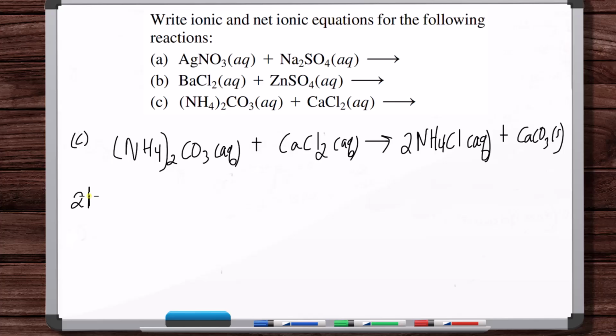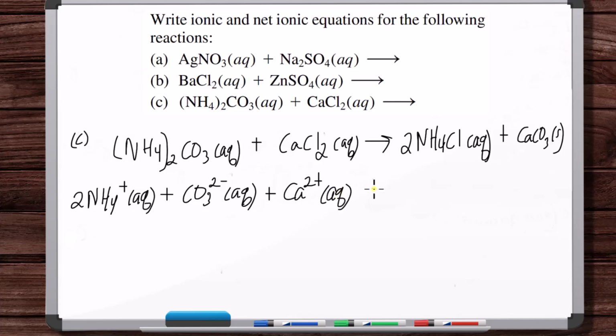Let's break this up. So you have two, the subscript 2, NH4 pluses, aqueous. Then a CO3 2 minus aqueous. A Ca2 plus. 2 Cl minus aqueous.